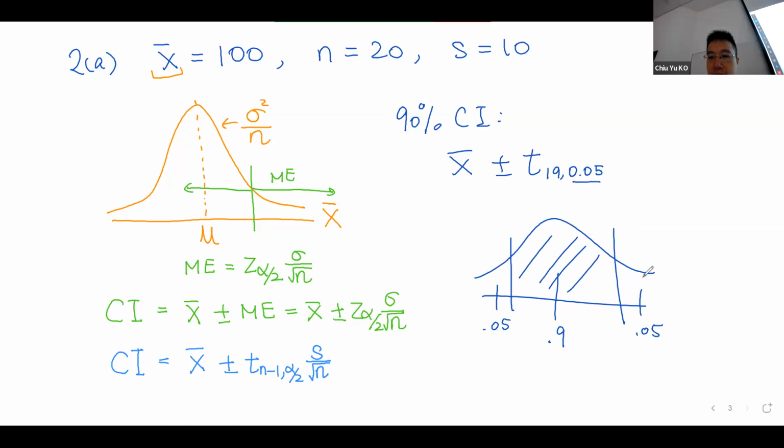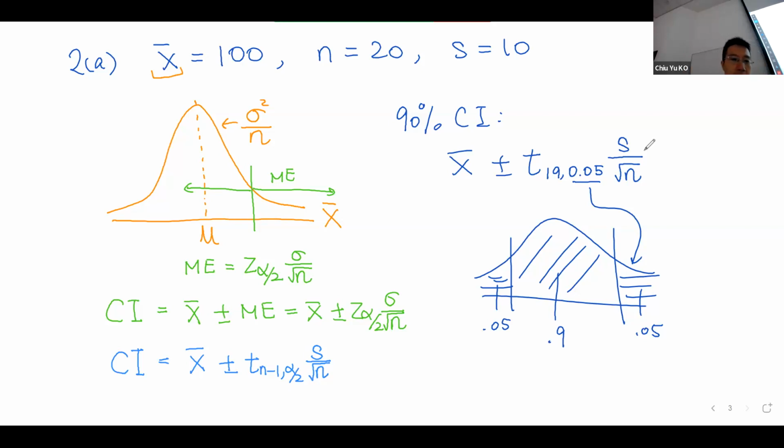And T asks for the tail, so it's 0.05 here. And then S over root n. So X bar is there, S is there, and n is there, and you take the root. The only thing possibly blocking our way from the solution is the T with 19 degrees of freedom and 0.05.